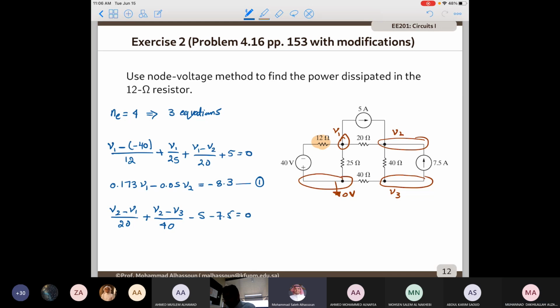So if I simplify it, I will end up with the second equation. So now I have two equations.